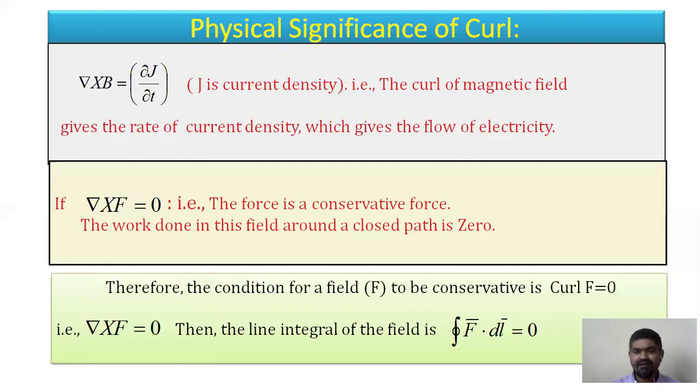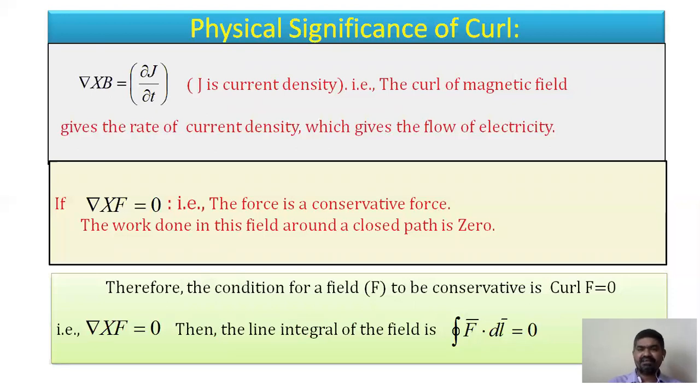Therefore, the condition for a field to be conservative is that curl F will be 0. If curl F is 0, that means del cross F is 0. Then that field is called a conservative field. One more statement: the mathematical condition for conservative nature is that the line integral of the field is 0. That field is conservative. That's all.